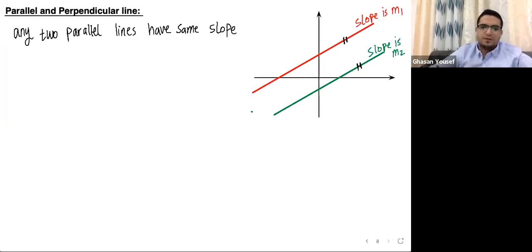So if I have two parallel lines, the slope of the first line is m1 and the slope of the second line is m2. We should know that both of the slopes are equal, so m1 is equal to m2. I mean, for this, both of the slopes are equal.